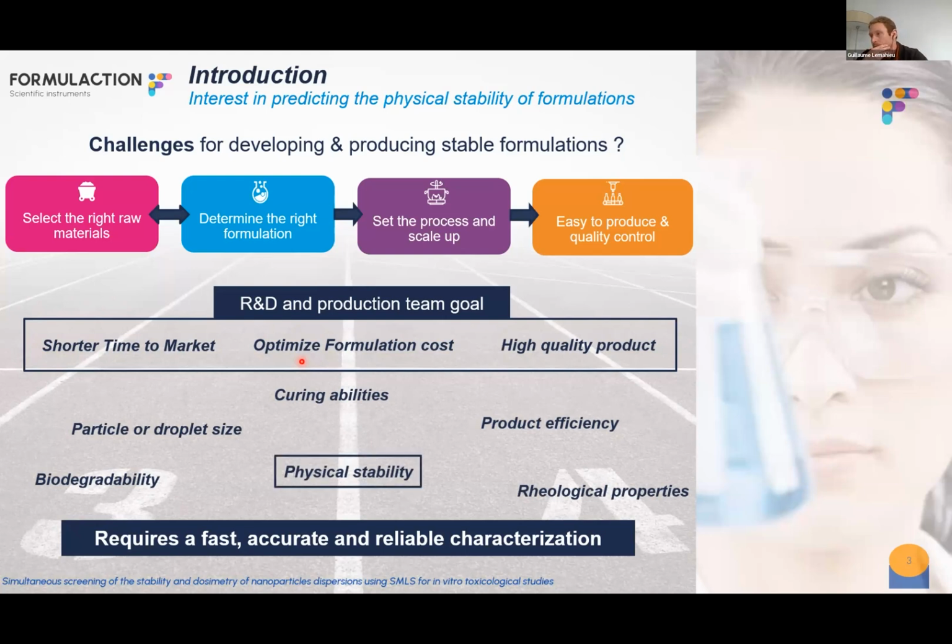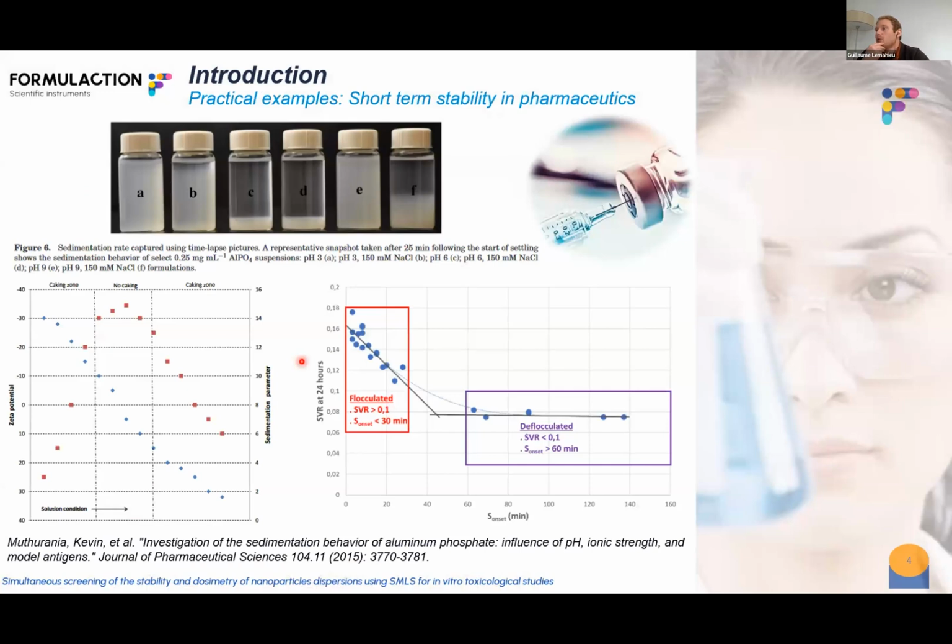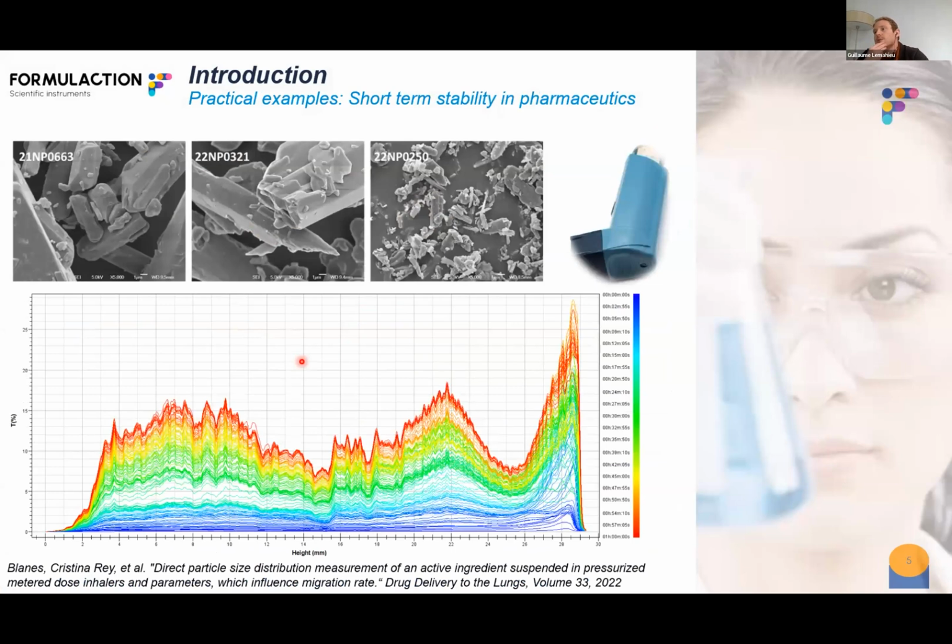As examples, we made some work in collaboration with Pfizer on conventional vaccines, in which we predicted the redispersion state of these vaccines based on the sedimentation behavior of the samples. We made approximately the same in the case of pressurized inhalers, also for pharmaceutical purposes and treatment of lung disease, and especially we predicted the stability and the redispersion of these particles in their pressurized samples.